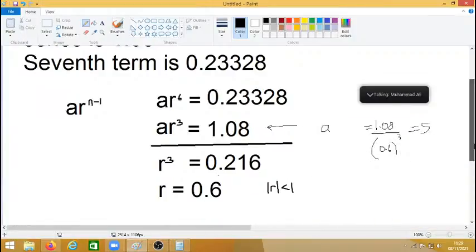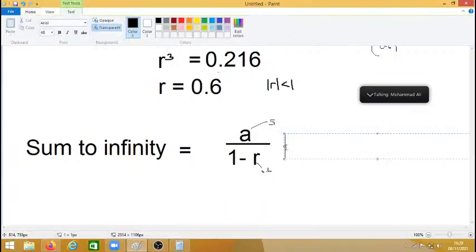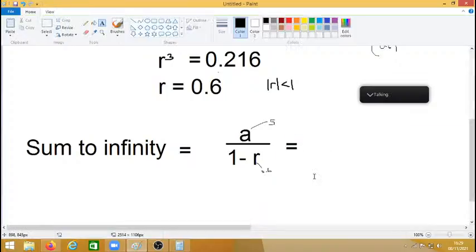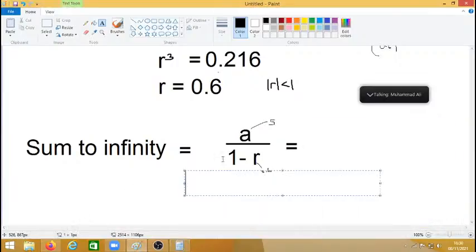So we're ready to use the sum to infinity formula. We know that a now is 5. r stays the same as 0.6. So if you just want to type that into your calculator and see what that gets you. 12.5.